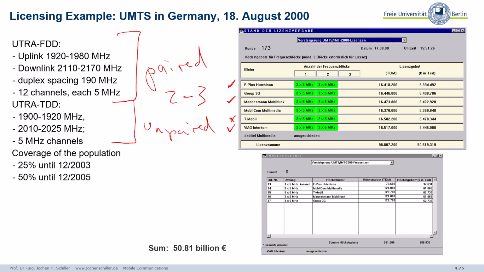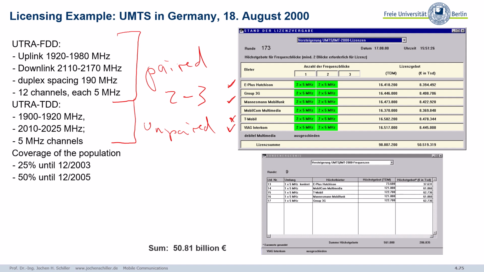So everyone knew, okay, if I'm a newcomer, I have to build many base stations. Because to get a certain reliability in the system, the government said you're not allowed to use the same antenna. So you have to install your own antenna. So in case of failures, at least customers can go to another operator.